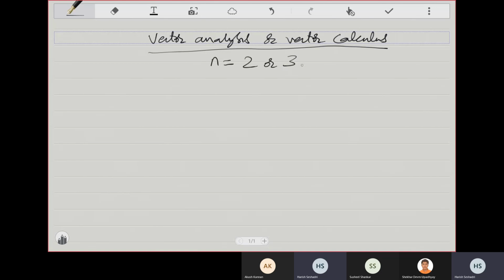Now let's start with the notion of a vector field. Start with an open set E in Rn where n equals 2 or 3. Actually, this definition I'm about to give is valid for any n.